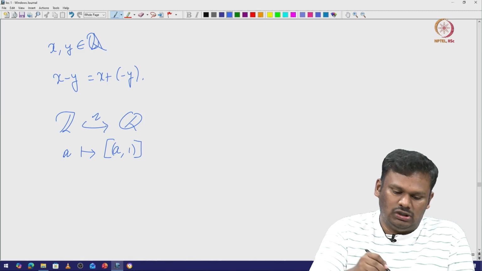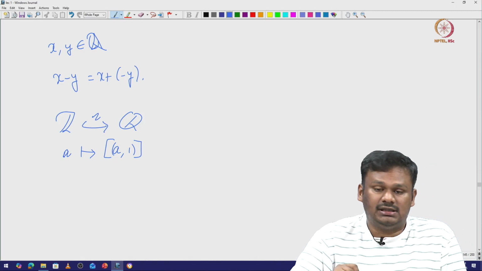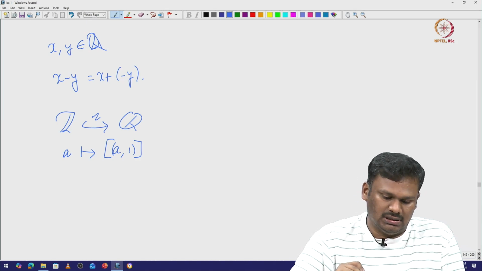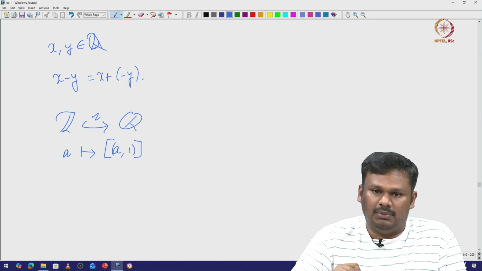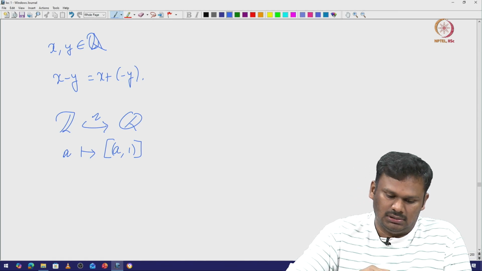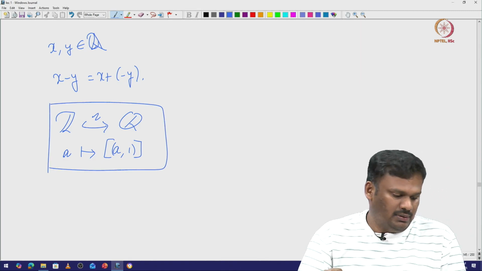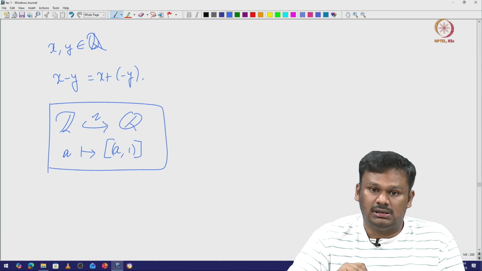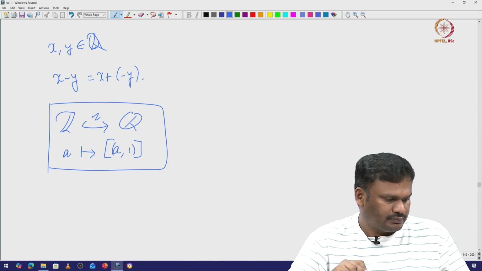It is easy to check that this is indeed an injective map, and this map preserves all the algebraic operations, like a plus b will be mapped to the class [a, 1] plus the class [b, 1] and so on. I am not going to check any of those things, all of them are easy to check. If one is seeing it for the first time, it is better to check all these notions.